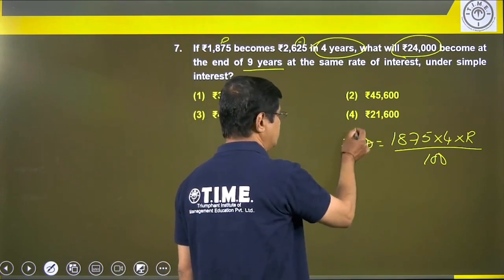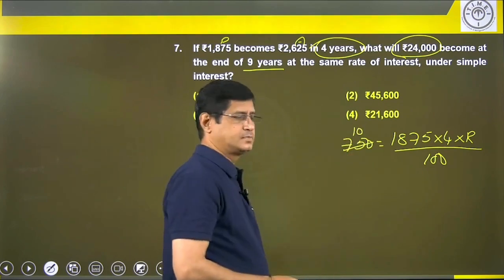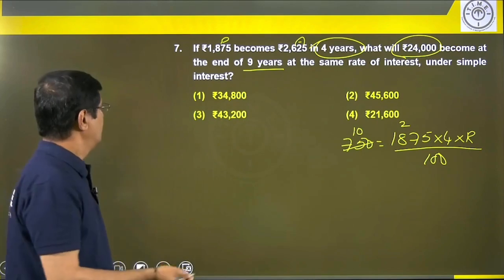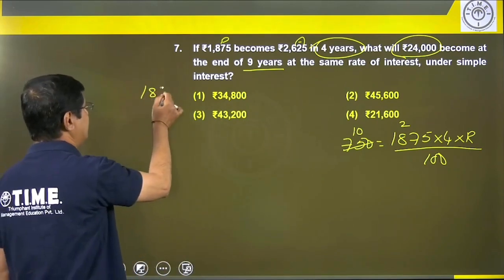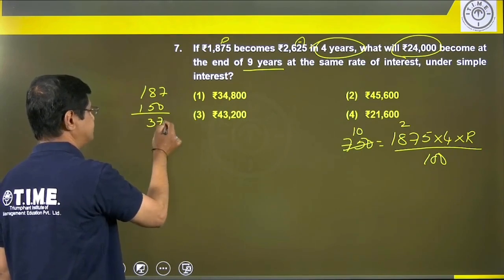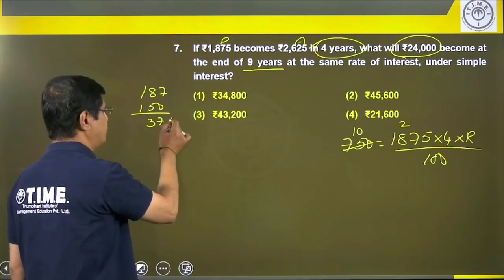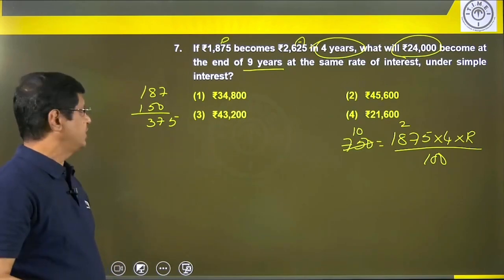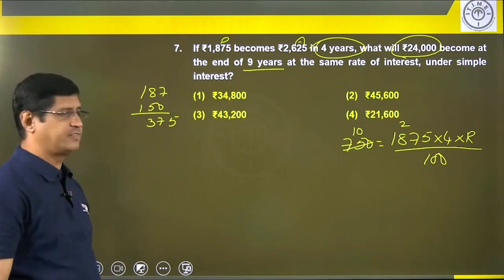Is it possible to cancel 750 here? 75, 10 times. 2 times of 75, 150. 187 minus 150, how much is it? 37. So what is left here? 5, so 375. How many times of 75 is equal to 375?